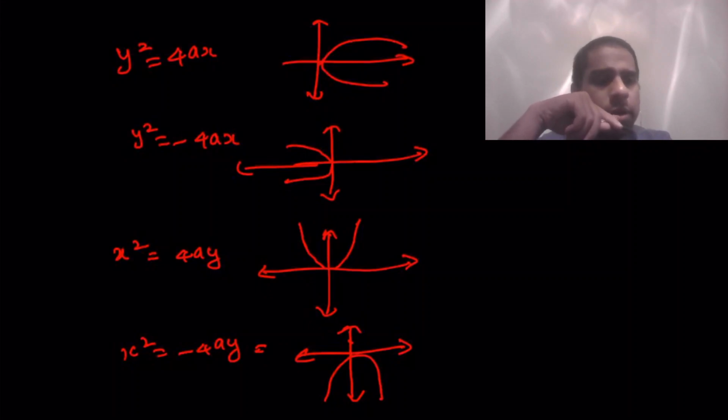Similarly, the general form of parabola, ellipse, and hyperbola will be in terms of x square plus y square plus some coefficient into xy plus some coefficient into y plus some coefficient into x plus c equal to 0, something like that. You need to know how to classify each equation as whether it's a parabola or a hyperbola or ellipse or a circle. We'll be discussing that at the end of this lecture.